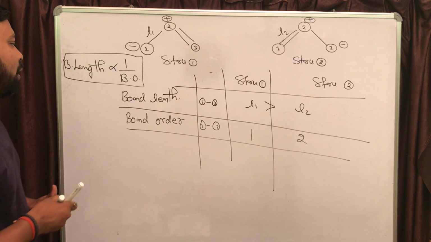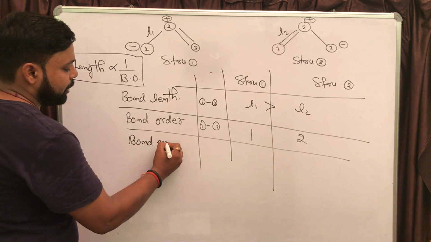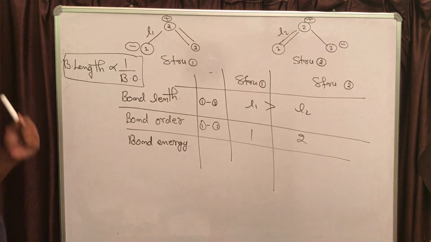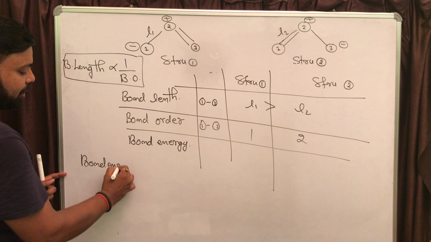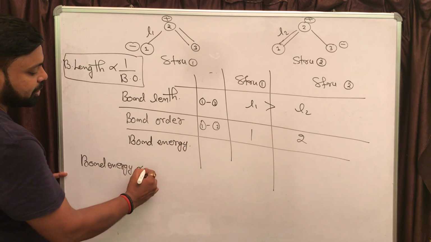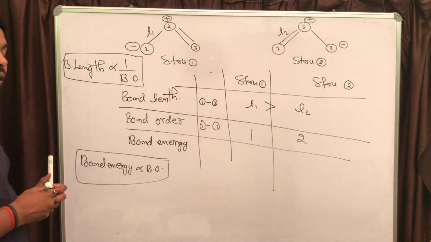If you want to compare the bond energy, its relation with bond order is direct proportionality. More is the bond order, more is the bond energy.